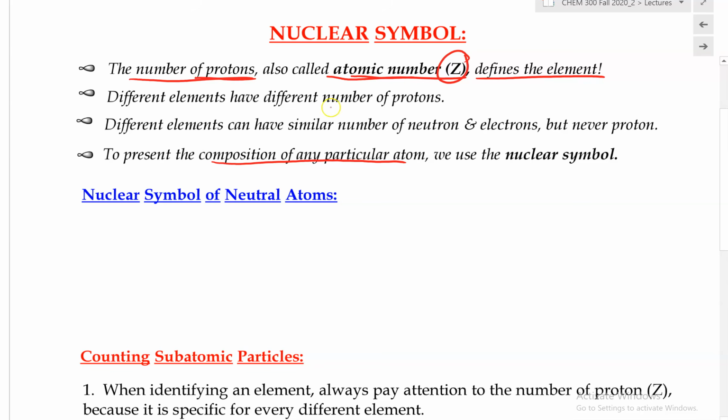Different elements will have different numbers of protons. Different elements can have similar numbers of neutrons and electrons, but never protons, because if two atoms were to have the same number of protons, they would be the same element already. So therefore, the number of protons is unique for every different type of atom.